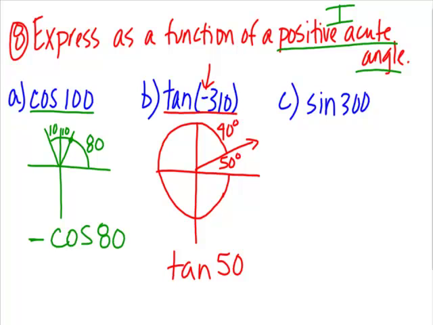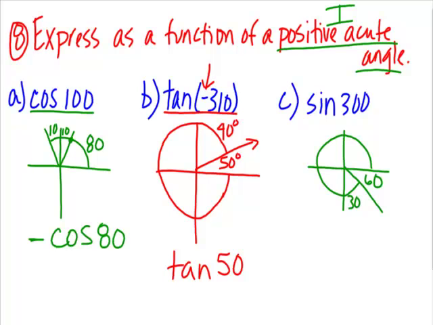Okay, so now, one last one. Sine of 300. Same thing. Positive is going counterclockwise. 90, 180, 270. I got to go a little further. 280, 290, 300. So I've gone 30 degrees into this zone. So that would mean that I have 60 degrees over here.